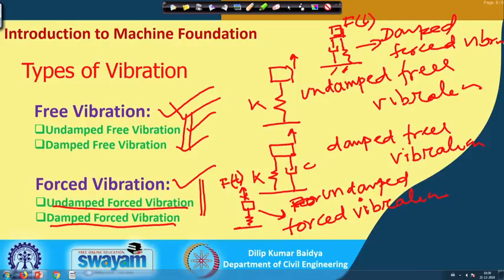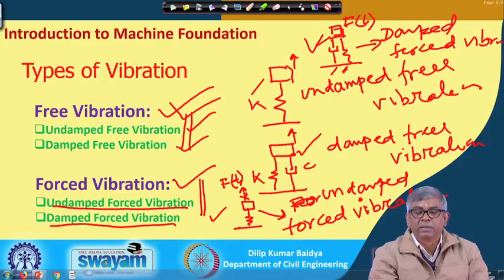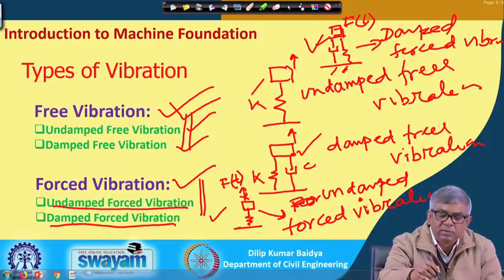So like that there are 4 categories: undamped free, damped free, undamped forced, damped forced.